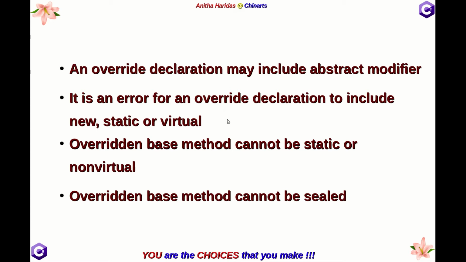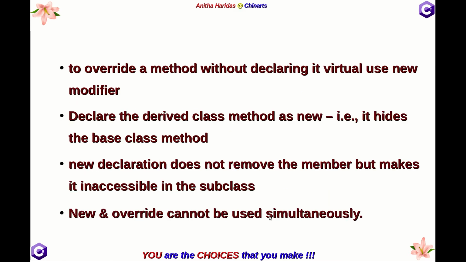The overridden base method cannot be static or non-virtual. It must be virtual. You cannot have a non-virtual method overridden using the override keyword. Then the overridden base method cannot be sealed also. If you seal it, it cannot be inherited, but an overridden method must be inherited. So the overridden base method cannot be sealed.